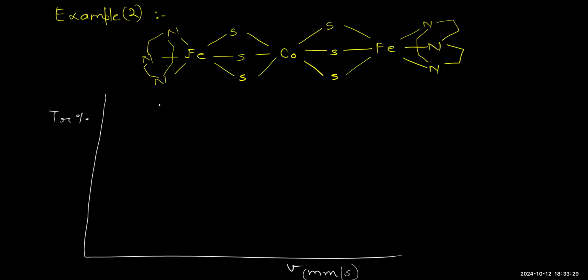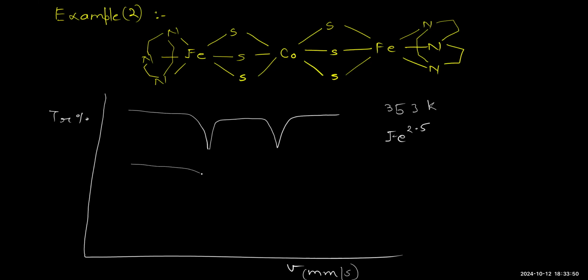Okay. So firstly, at 353 Kelvin, we saw a peak called Fe 2.5. Then it started decreasing. At this point it was very less.